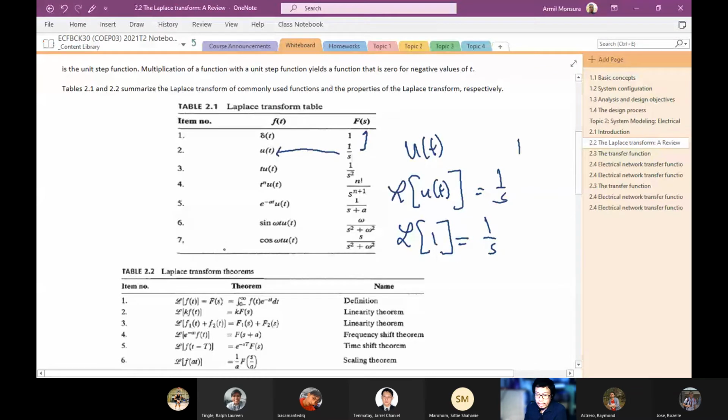Okay. Na ang Laplace transform ay 1 over S. So, dito, nakikita nyo, that's u of t. Okay. Pero again, yung u of t na yan, equal din yan sa 1. Okay. That u of t is also equal to 1.